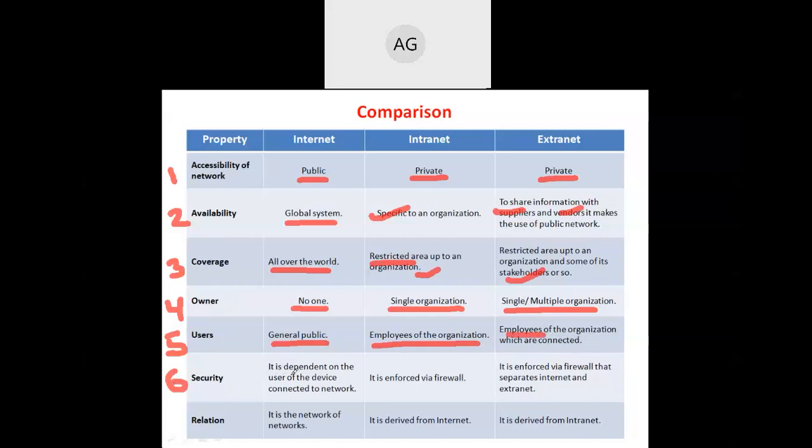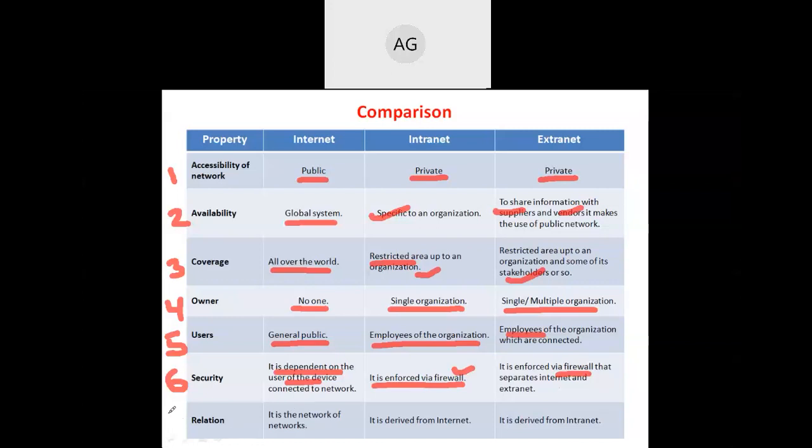In the case of internet, it is dependent on the user of the device connected to the network. In the case of intranet, it is enforced through a firewall. So here a firewall is needed in the case of intranet. Now, in the case of extranet, it is enforced through a firewall that separates internet and extranet. This diagram of extranet we already discussed in our previous slide.